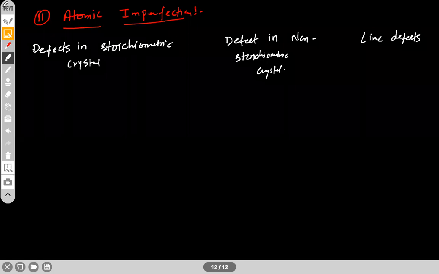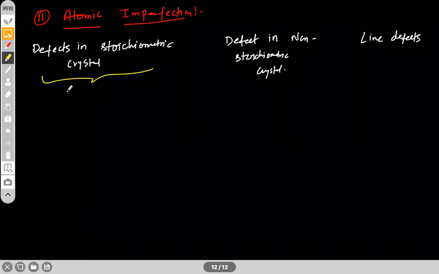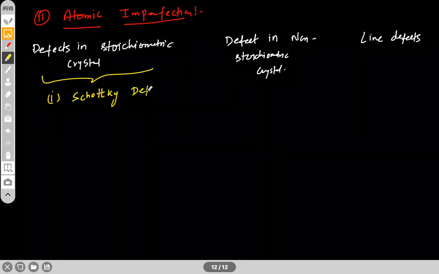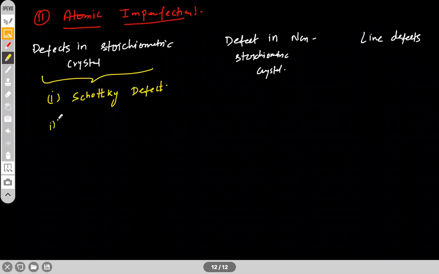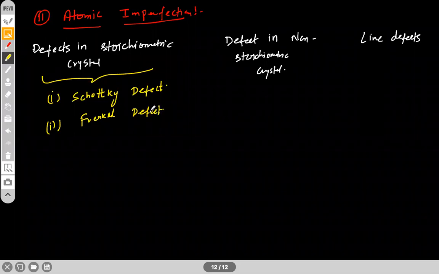In this stoichiometric crystal, we have 2 very important types. The 2 defects are the Schottky defect and the other one, the Frenkel defect. These are the 2 different defects. We'll see these 2.